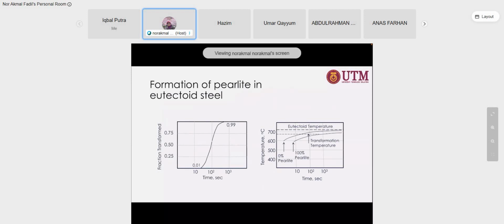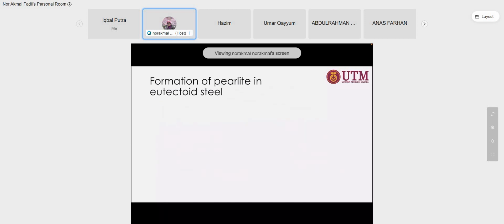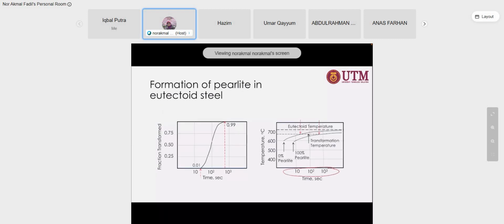Right. So this is the time. Look at this. You need to choose wisely what the time is if you want 100% pearlite, or if you want the middle, which might be 50% transformation. If you want only 50% pearlite, you stop at 100 seconds.